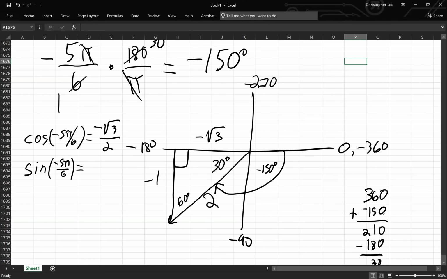Sine is opposite over hypotenuse. What is this? -1 over 2. How about tan? Negative 5 pi over 6. Remember, tan is opposite over adjacent. So opposite, -1, over the adjacent, negative radical 3, right? So what is that? That's radical 3 over 3. Boom, right?